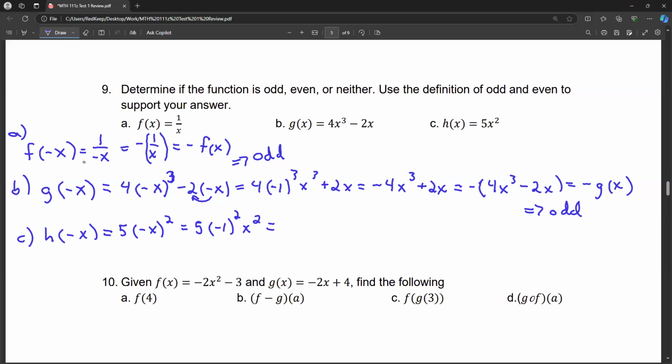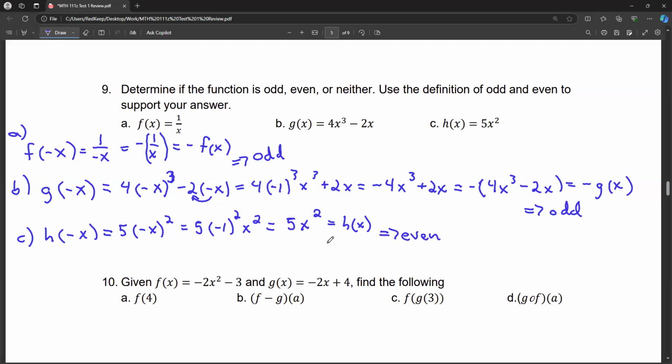That, of course, is -1 times -1, which is equal to +1. And so we're left as a result with 5 times x squared, which, if you remember, is actually just equal to our function, right? So if you plug in a negative x into our function, you just get the original function out. And this is the definition of an even function.